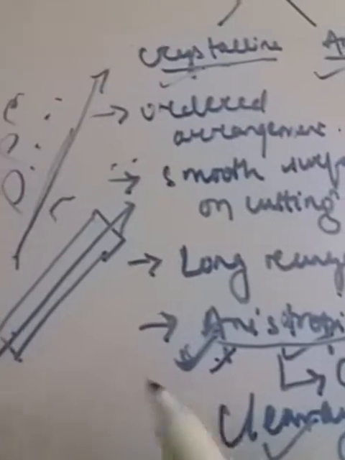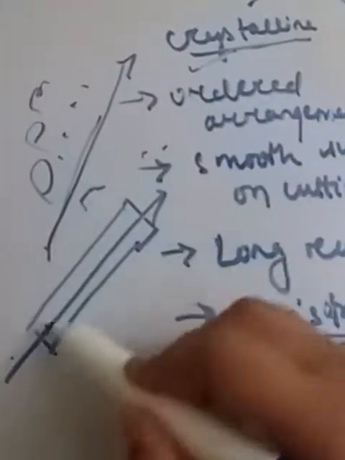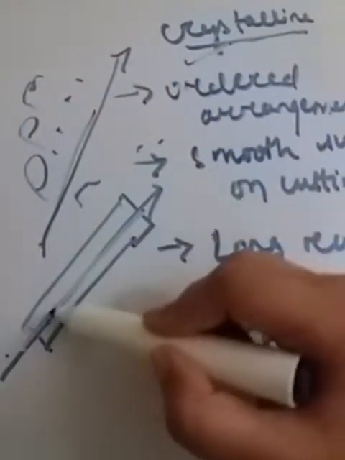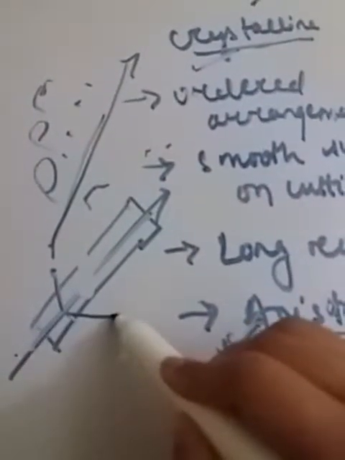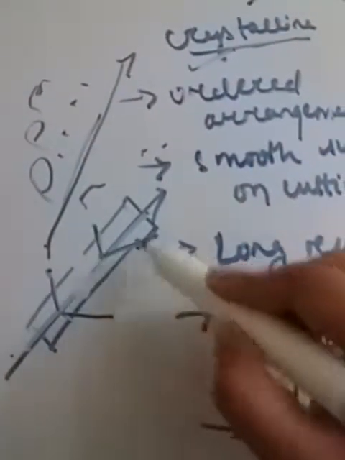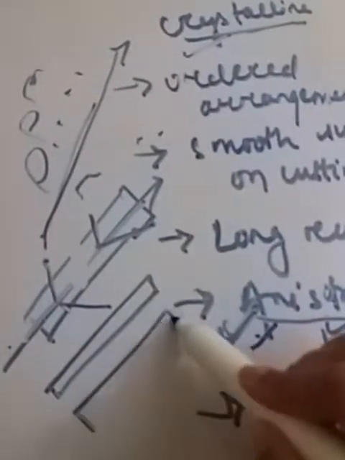It won't be cut in a particular, unidirectional way. Cleavage property means breaking in a particular direction, which is a property of crystalline structure. When you cut it, the same structures fall down, in the same direction, and after cutting you get it like this.